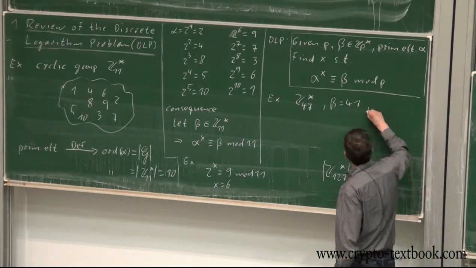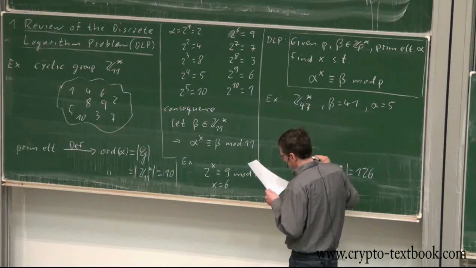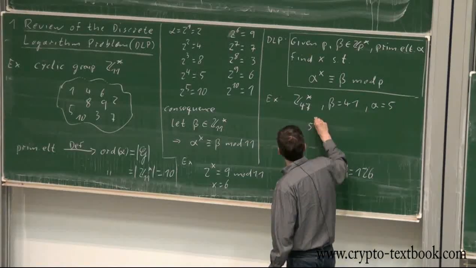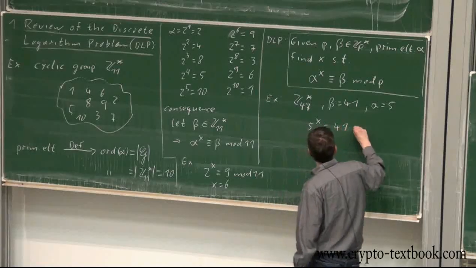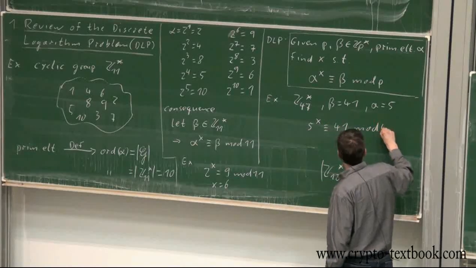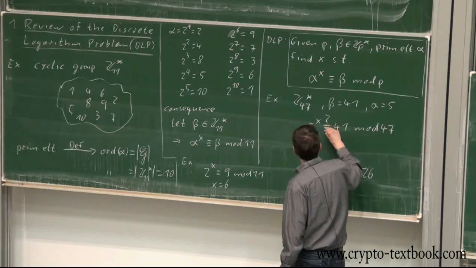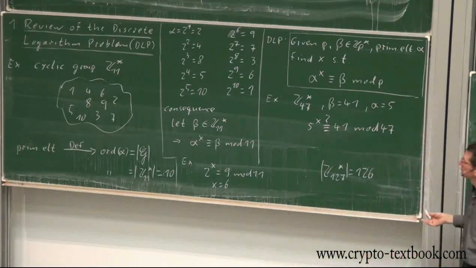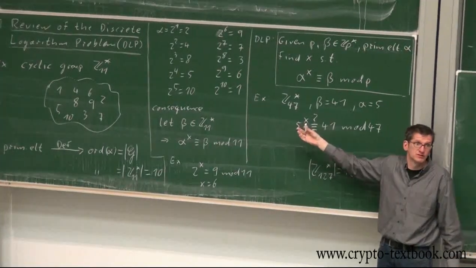And it turns out that alpha equals 5 is a primitive element. So the question is, what is x here? Which value is x?